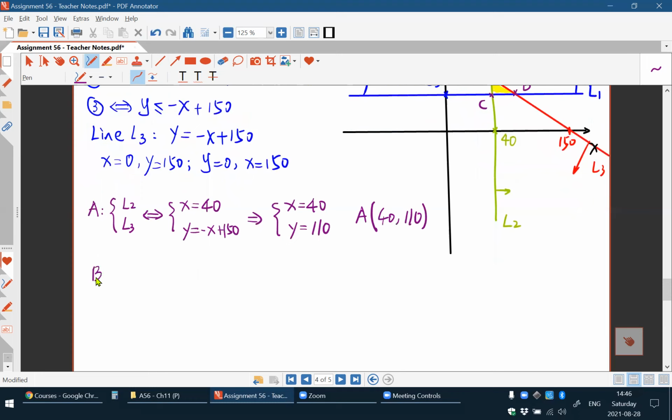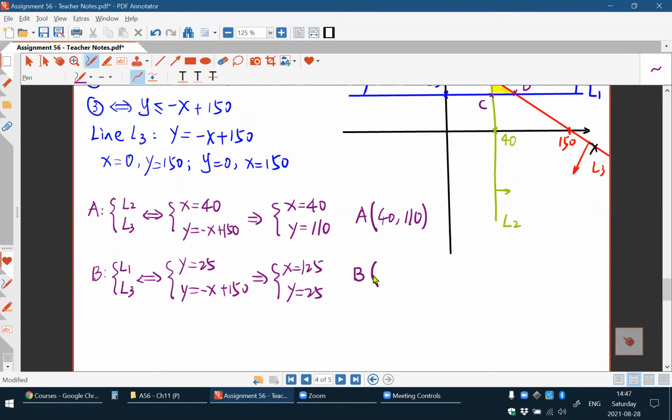Okay, next, point B is intersection between L1 and L3, which is equivalent to y equals 25, y equals minus x plus 150, which gives us x equals 125 and y equals 25.